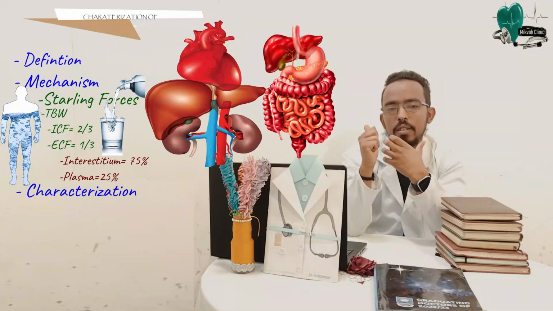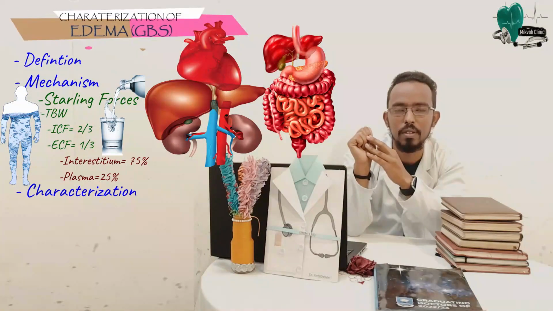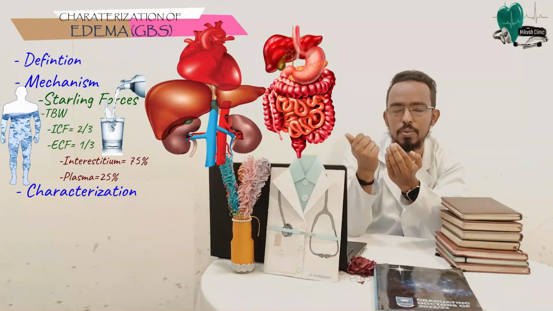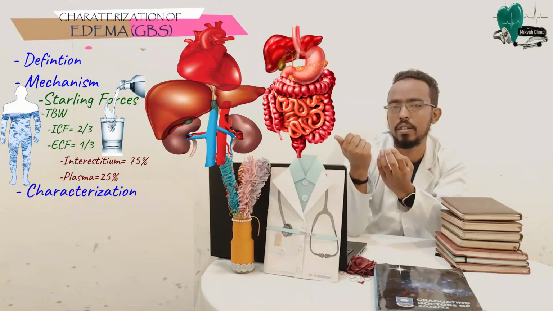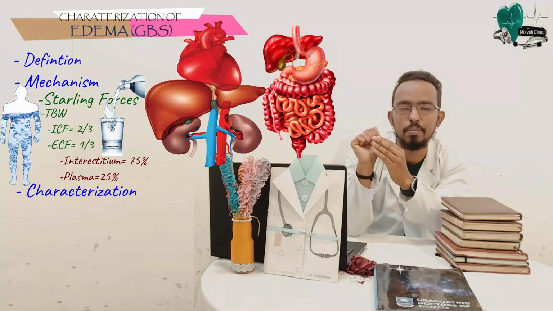So if there are different pathologies within these organs, the patient may manifest with generalized body swelling. The objective of the physician is to identify from which organ the problem is arising.